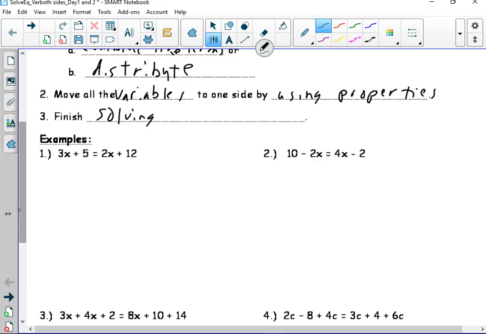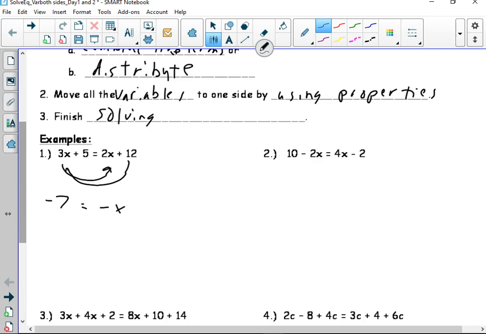If you choose, let's say you wanted to solve on the right side. Okay, don't write this down. You'd want to move this 3x over there, right? You'd want to subtract 3x. Well, if you subtract 3x from 2x, what you're going to end up with is a negative x, right? And if you move this 12 over, you'd end up with negative 7 if you did that.